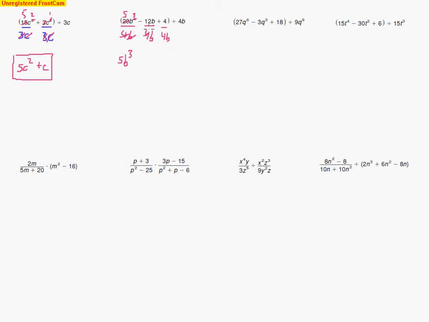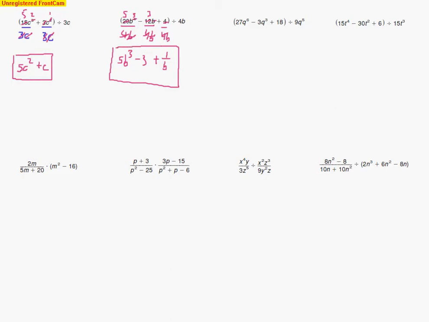Here the 4 goes into this 12 3 times, so it's going to be a minus 3, and these b's cancel out, so just a minus 3 is all we have. Here these 4's cancel out, so we're left with plus 1 over b. Notice that the b's left on the bottom, so that's why I wrote that as a fraction. And that would be our answer.